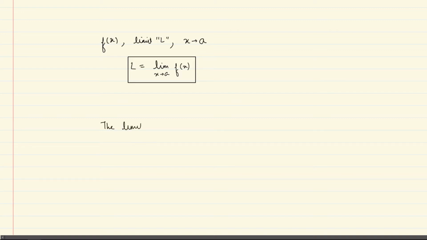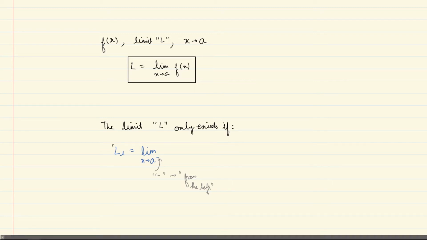The limit, let's call it L again, only exists if the limit from the left-hand side of A, let's call that L sub l, is equal to the limit as x approaches A from the left, and we use this minus subscript to mean from the left.